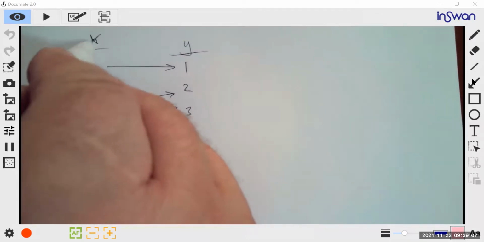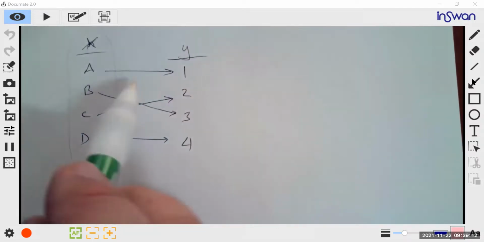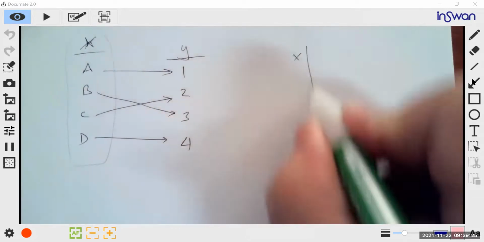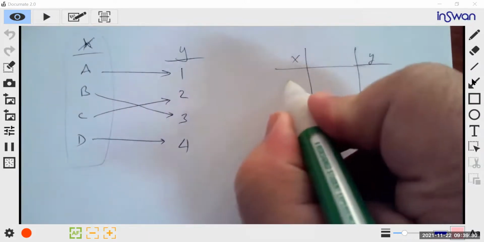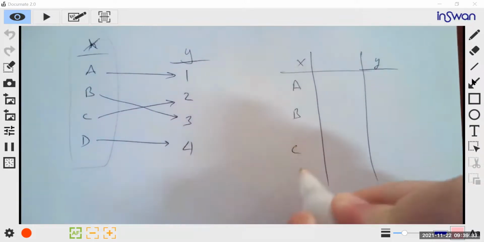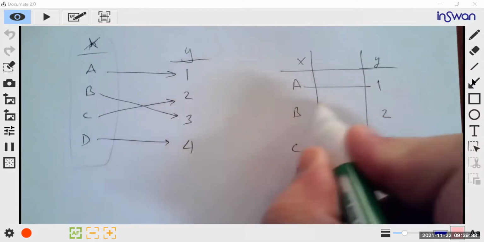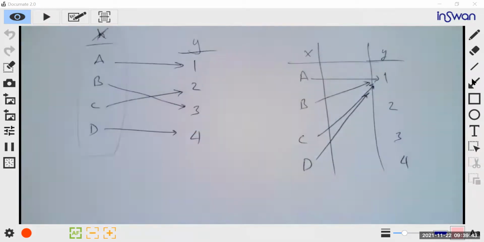Each value x, each of these domain values, goes to one and only one y value. Is that function one-to-one?